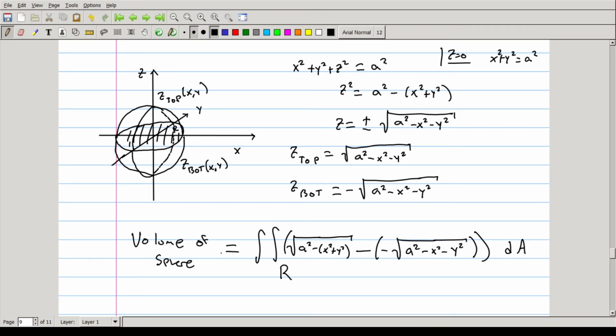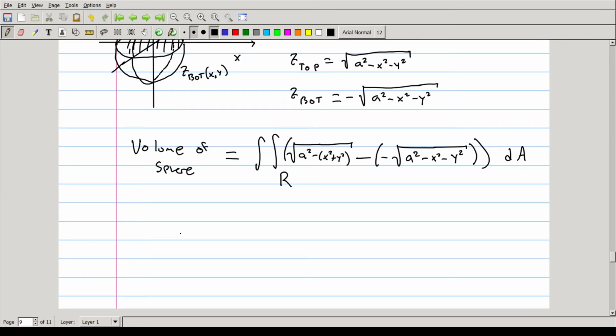And if we go through and simplify this a little bit, this is going to simplify nicely to 2 times the double integral over R of the square root of a squared minus x squared minus y squared.